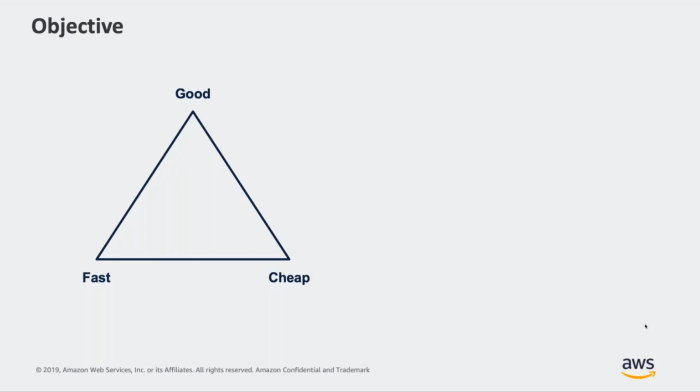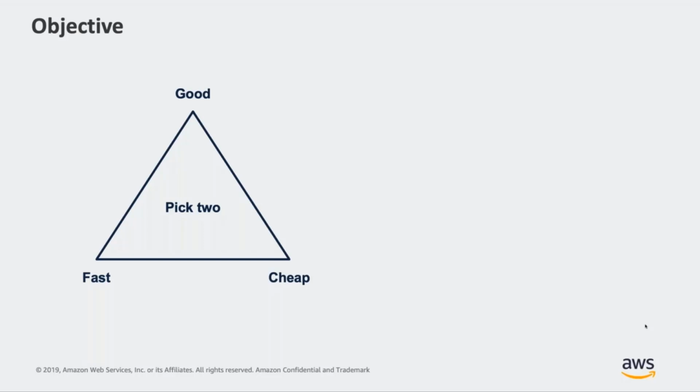Now, generally, most people end up leaning towards either making the application fast and good, or fairly cost effective to operate and good, because you don't want to sacrifice on the quality of your application.